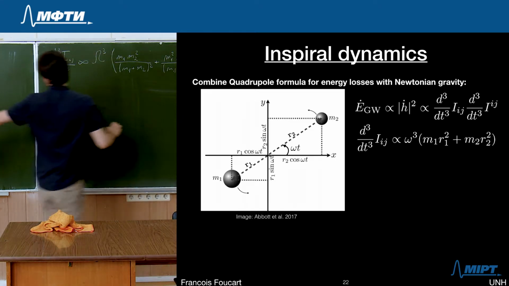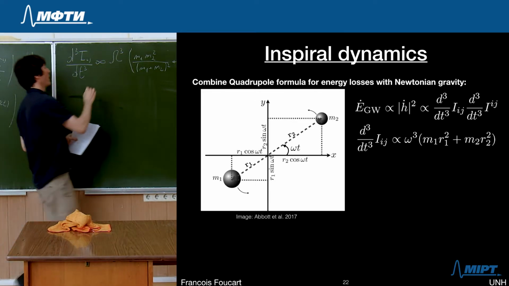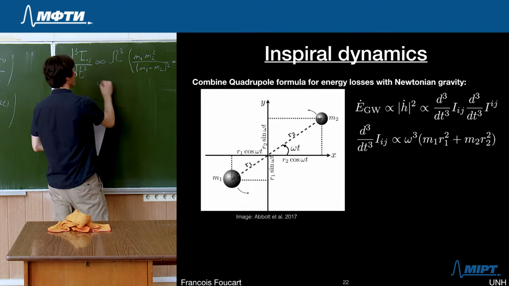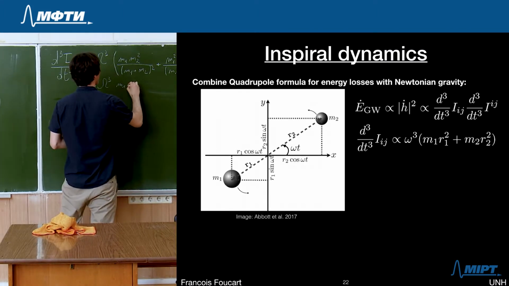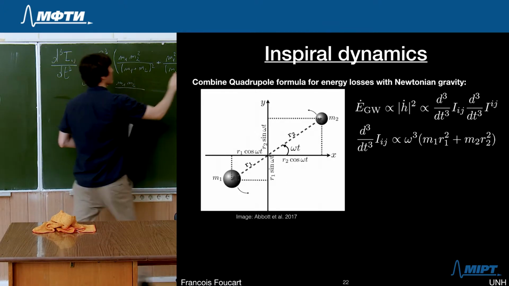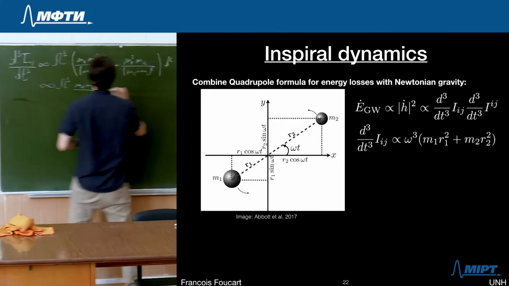So that's just replacing with Newtonian orbital positions. This is cube m1, m2, d square. There's a d square here.